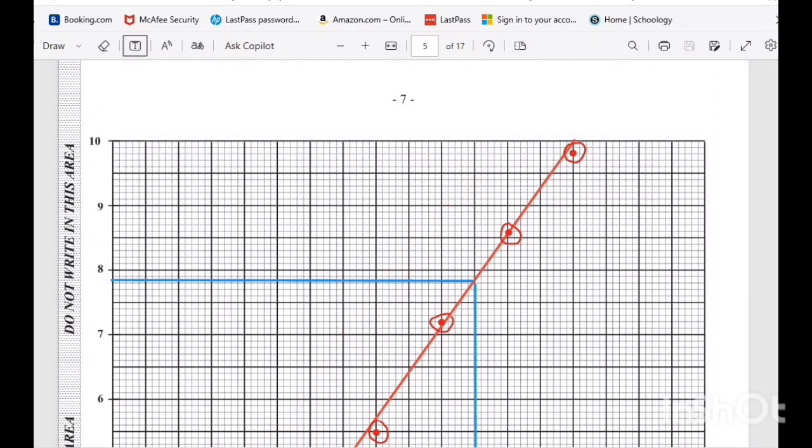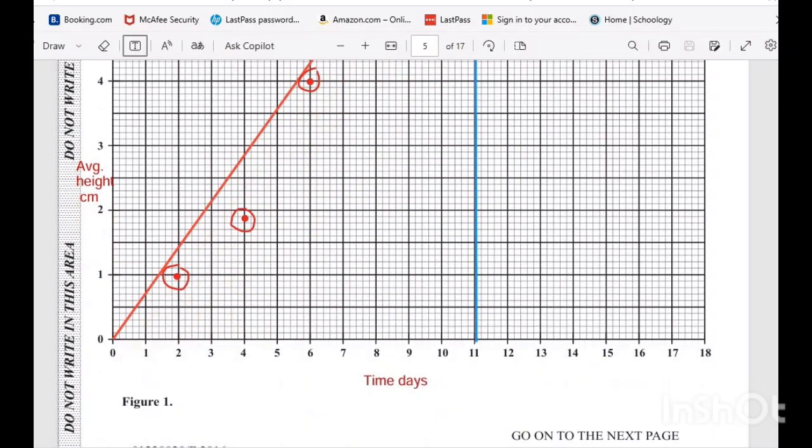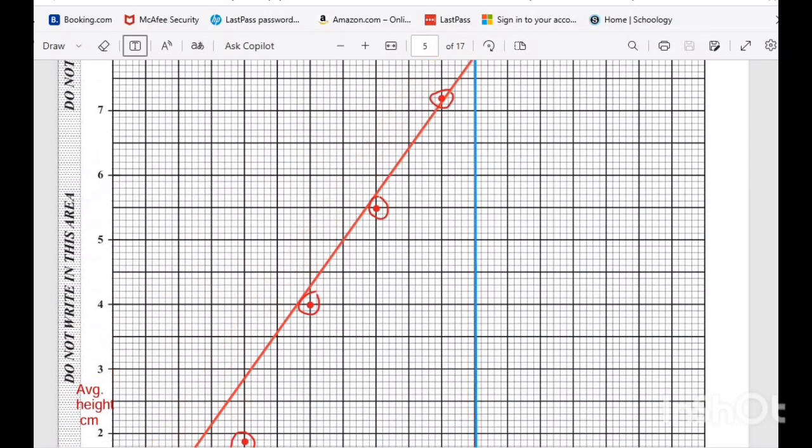Day 12, sorry, that was day 12. And on day 14, it measured a height of 9.8. So when we are looking for points to plot on a graph, you use both scales, whatever is on your x-axis and whatever is on your y-axis, to determine your points.